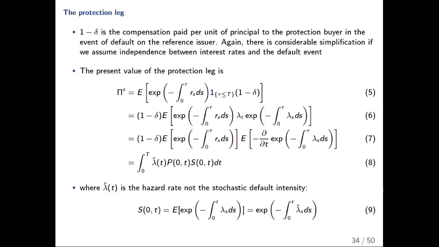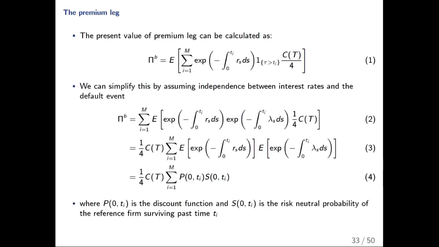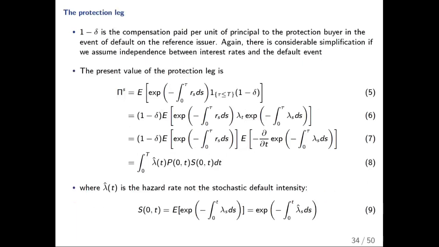Yeah, right, so this is a lambda, but this is not the lambda tau because the conditional probability is the expectation of the t.